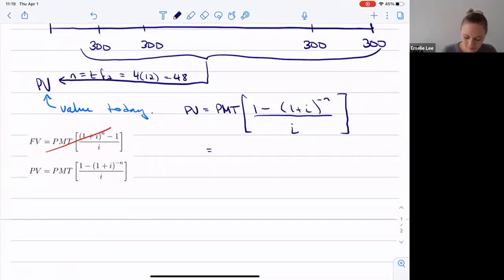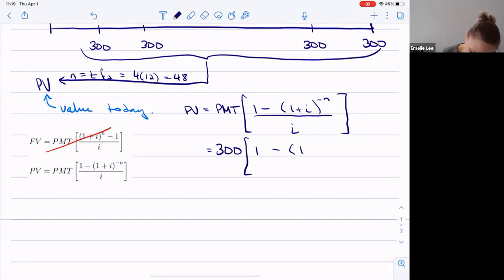So the regular payment amount is $300 times 1 minus 1 plus, and totally fine if you want to do store 1, if you don't want to write out that number, to the negative 48 over store 1.